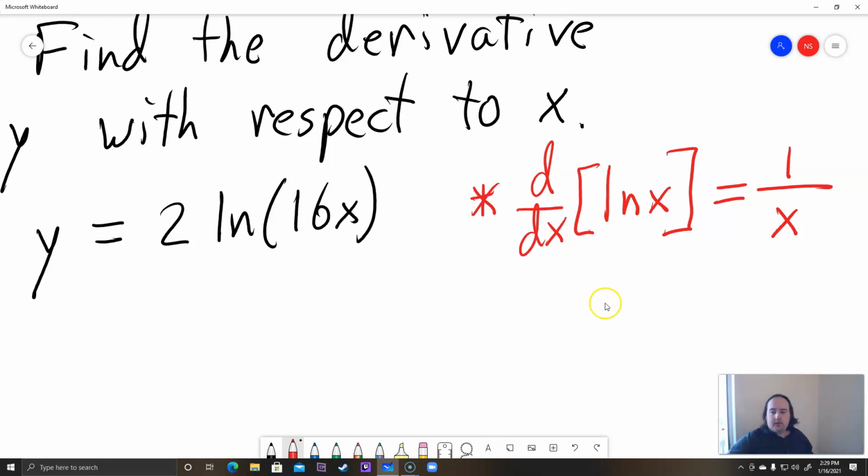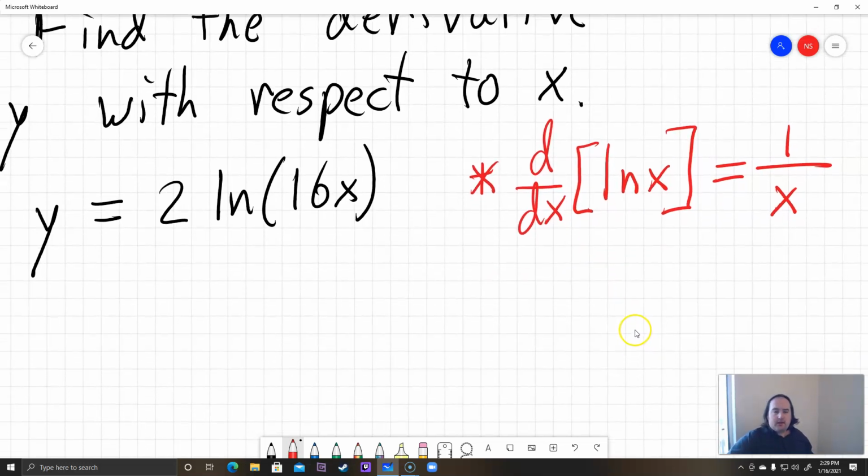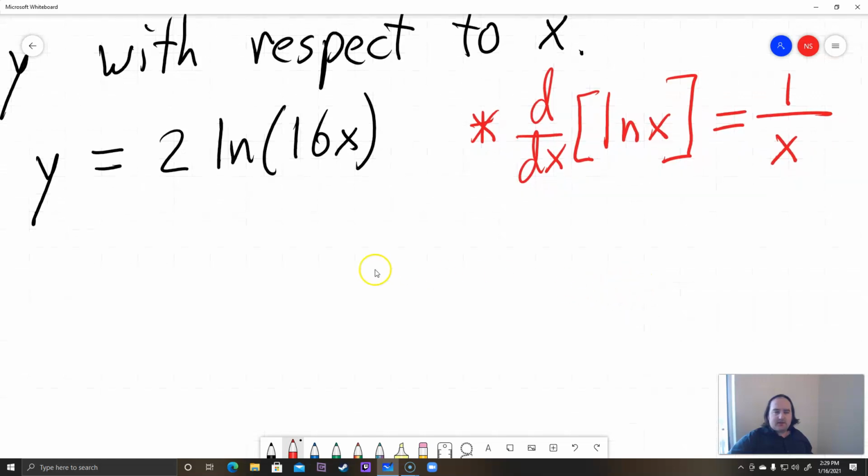The derivative of ln of x is equal to 1 over x. So it's a very simple derivative. If you have ln of something, the derivative of that is 1 over that something.